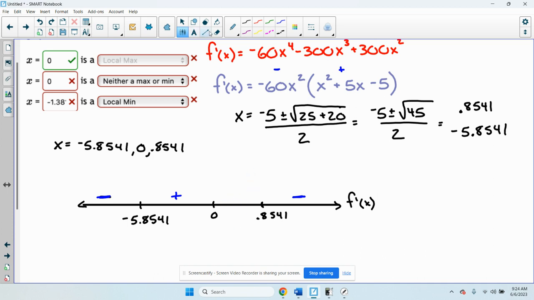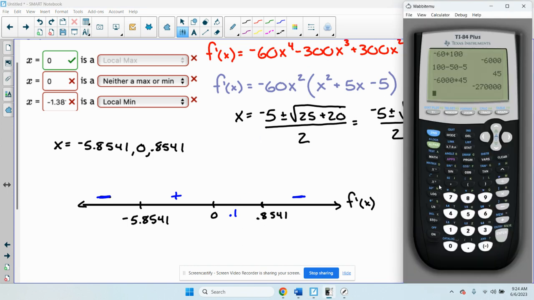Now let's find one here. There's no real perfect answer. We could do 0.1. That's between those two. So I'm just going to type that out just because that's going to be some ugly math. So we'll do negative 60 times 0.1 times 0.1 squared.